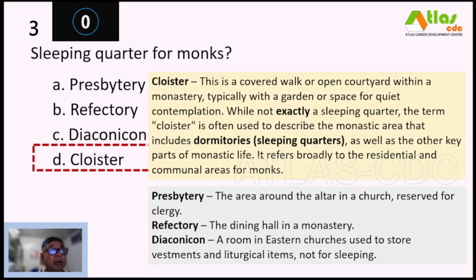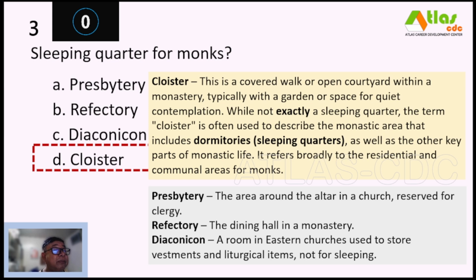So cloister is a covered walk or open courtyard within a monastery, typically with a garden or space for quiet contemplation. While not exactly a sleeping quarter, the term cloister is often used to describe the monastic area that includes dormitories or the sleeping quarters, as well as the other key parts of monastic life.